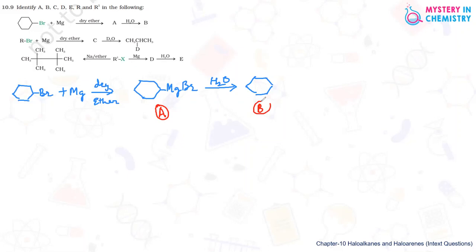This is a well-known reaction in which water breaks this bond, hydrogen goes to this side and OH to this side. By this, magnesium hydroxybromide is formed, which is a byproduct, and the product formed is alkane. Here it is a cycloalkane, cyclohexane. That is how B compound is formed. Now come to the next one.